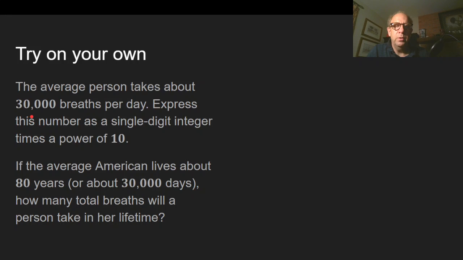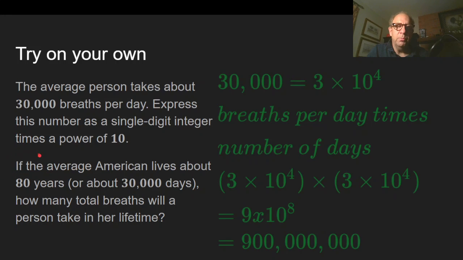Try this one. If you have 30,000 breaths per day and you live 80 years, or about 30,000 days, how many breaths will you take? What are you going to do to solve that? Think for a second. Am I going to add, subtract, multiply, or divide? So if it's 30,000 per day times the number of days, that's going to be multiplied.